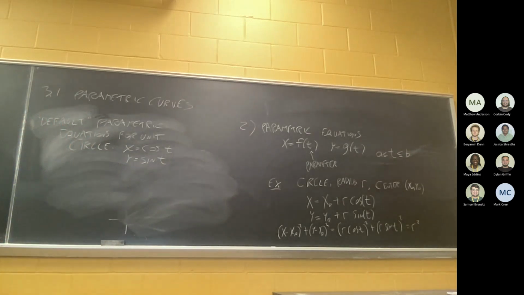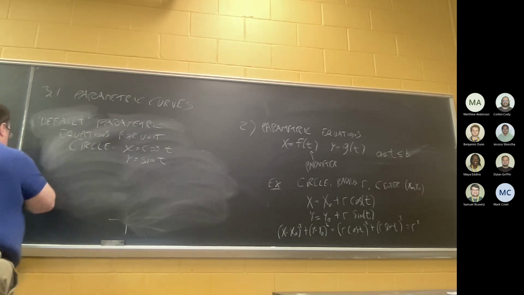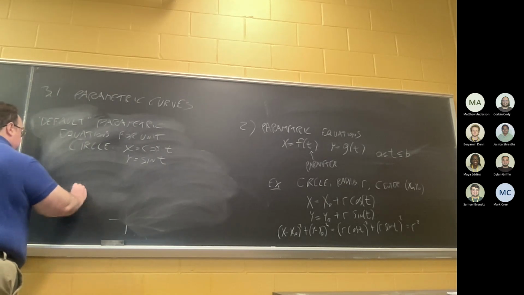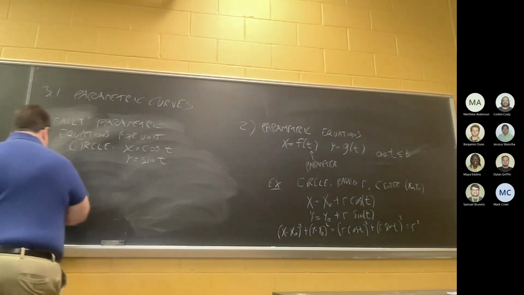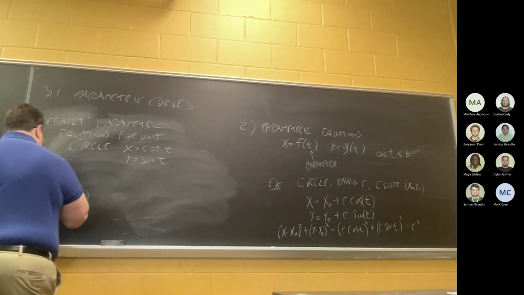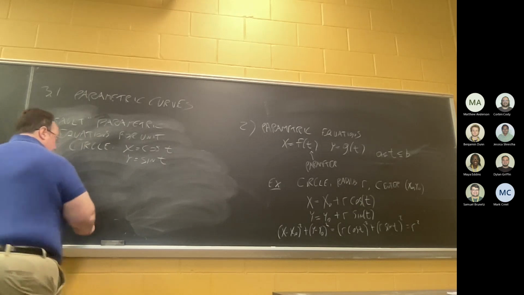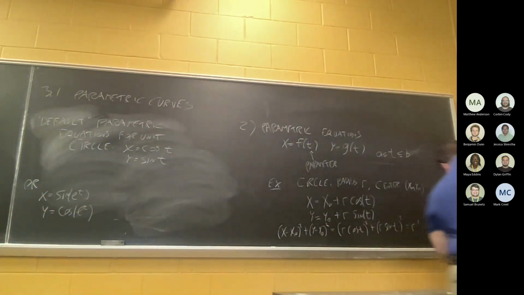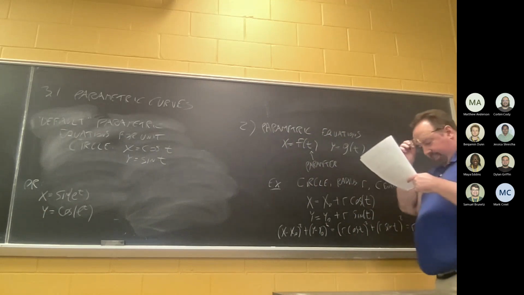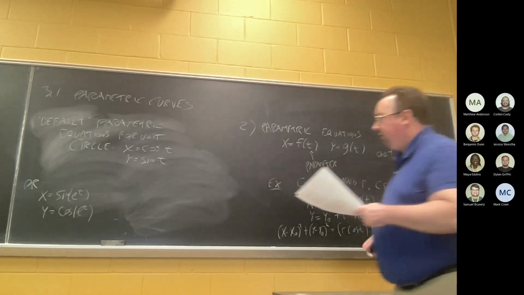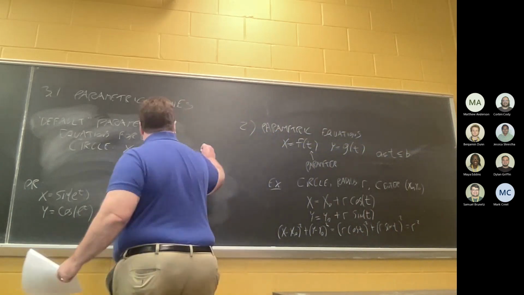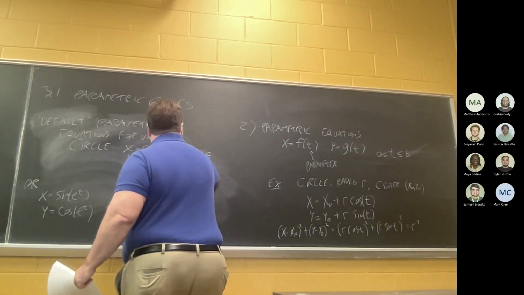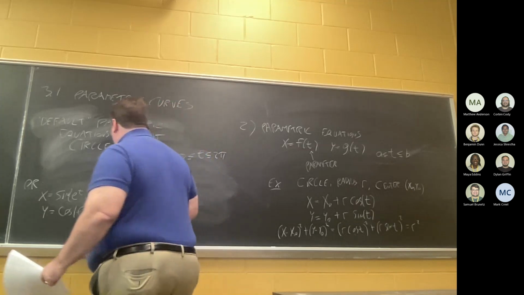But I could give other parametric equations. Let's see if that would also describe the unit circle. I could let x be equal to sine of e to the t, and y is equal to cosine of e to the t. Also, here the default domain is t going from 0 to 2 pi, and we trace out the entire unit circle.